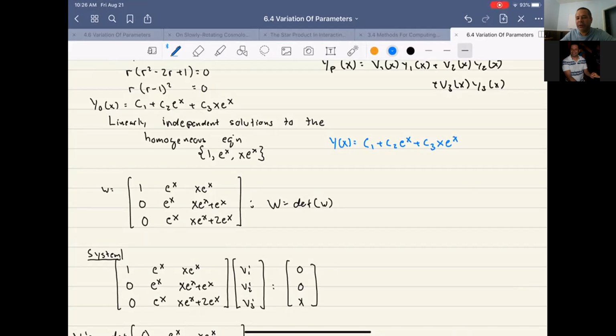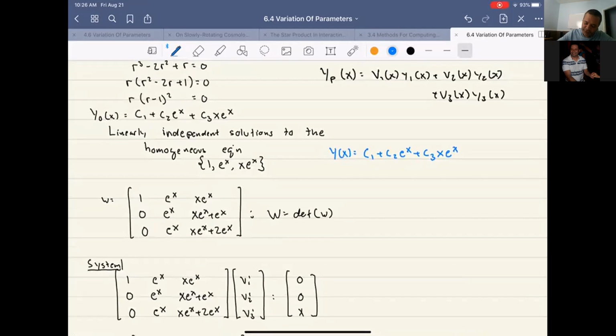So the C1, C2, C3, those would be solved by any initial conditions, right? We'd need to have 3 of them. Plus our particular solution. So our particular solution, V1, I wrote down is x squared over 2, and that multiplies on the 1. So this is our V1 of x.